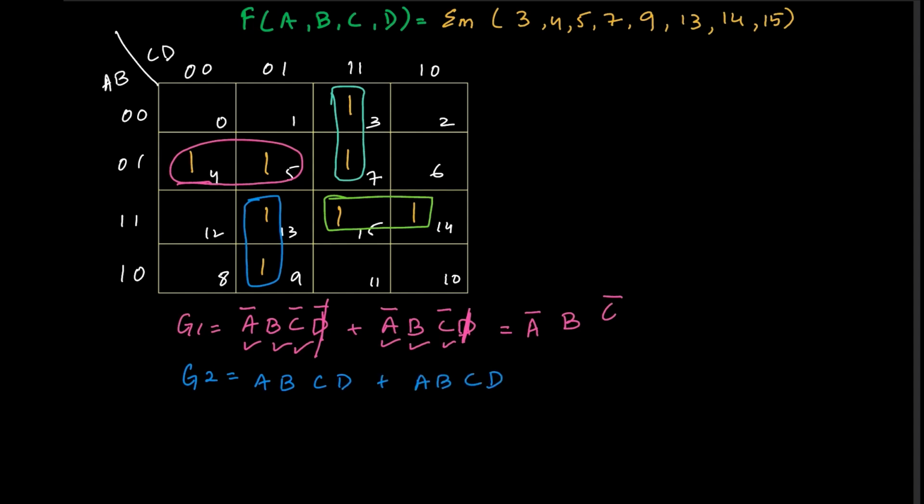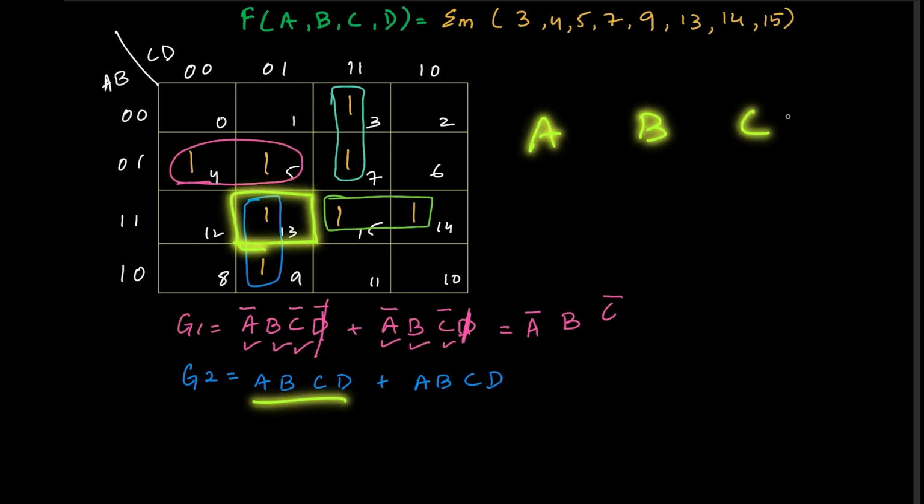Now, after writing ABCD twice, we will have to find out where the bar should be placed and where it should not be placed. From the first cell, we can see A, B, C, and D. A and B is 1, 1 and 0, 1. Means there should be a bar on C.